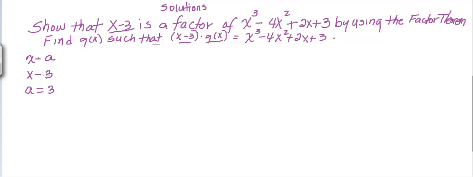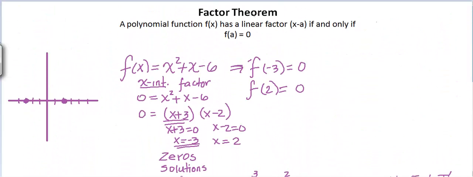So in my specific case here, a is 3. The factor theorem says that I evaluate f at that value of a, and I should get 0. If I get a 0, then I can say that that linear term is a factor.